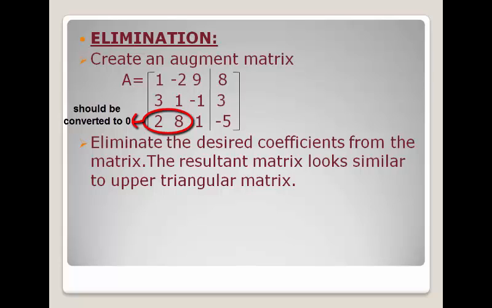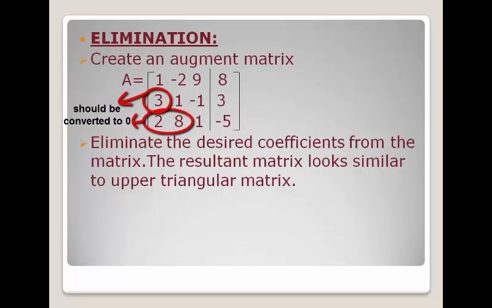In a similar way, we have to make the coefficient of x equal to 0, so that we are left with only 2 terms, that is the y term and the z term. The y we will find out by substituting the value of z which we have just found out.